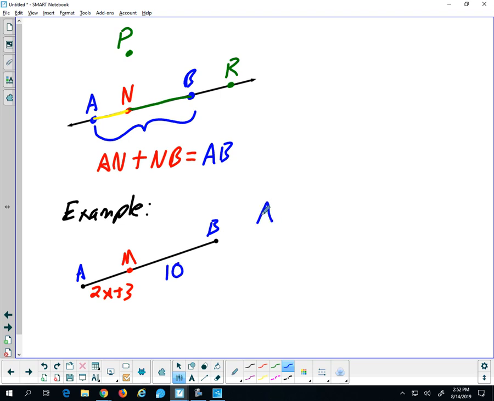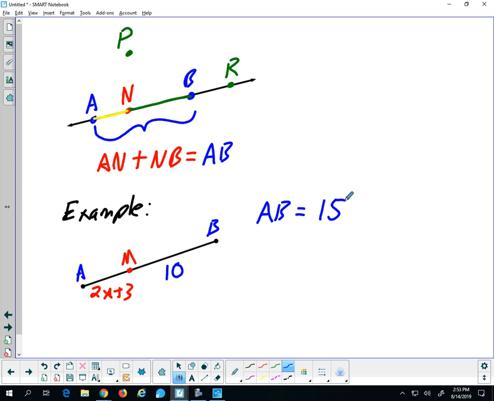But I'm also going to give you the length from A to B. So the measurement from A to B is going to be 15. So my total length of AB is 15. From A to M is 2x plus 3. M to B is 10. So what I want to do is solve this for x.